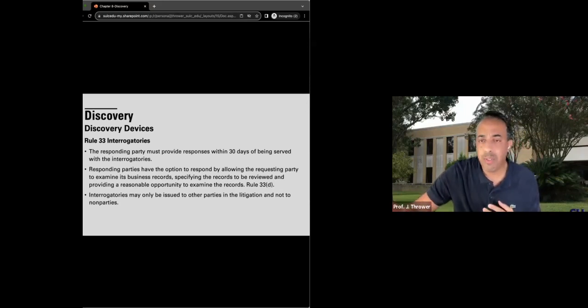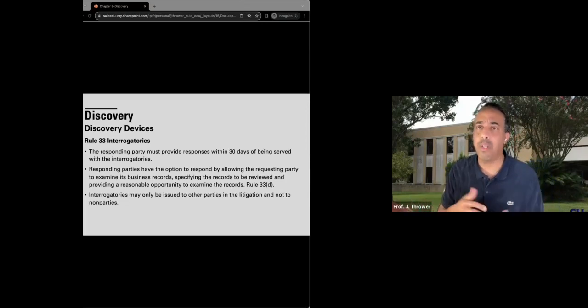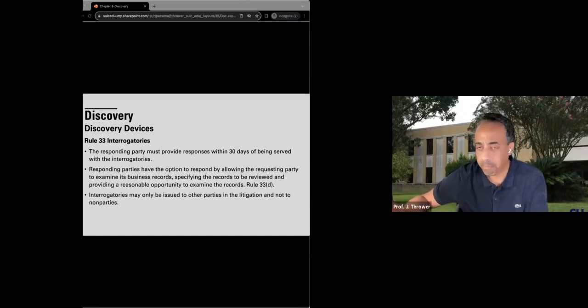Now, this particular interrogatory option really coincides with the Rule 34 request for production of documents, but it is an option that the responding party can elect rather than providing his or her responses in writing. And so, again, instead of providing written responses to the interrogatories that they may receive, they could elect to allow the requesting party to examine the business records that could provide responses or answers to the interrogatories that the propounding party has served.